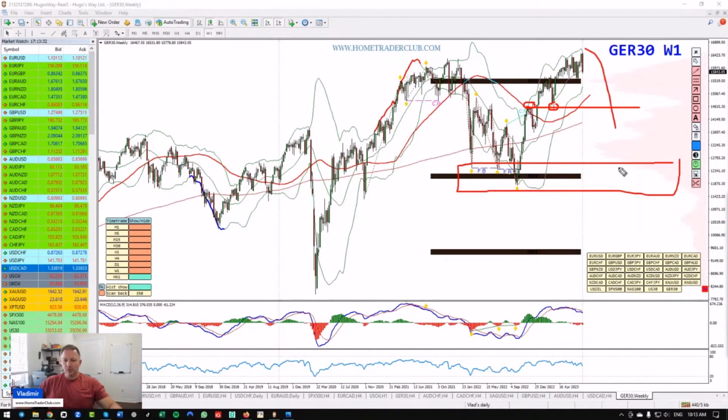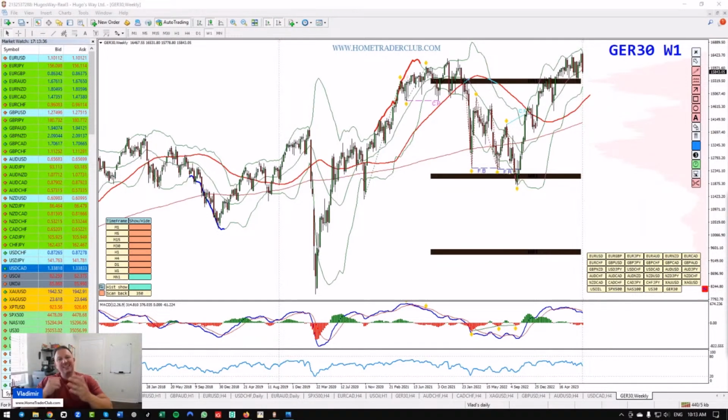As you can see, we are talking about very, very significant potential compared to the risk we might anticipate on the 4-hour or the daily chart.